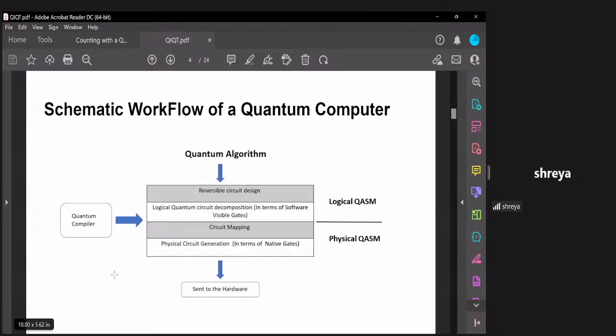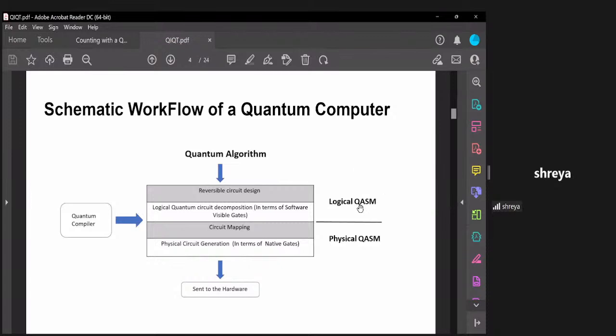Then the platform that you are using decomposes your user level circuit into a physical circuit. So this term native gates comes in at that point. The native gates are the gates that are actually implemented on the physical device.